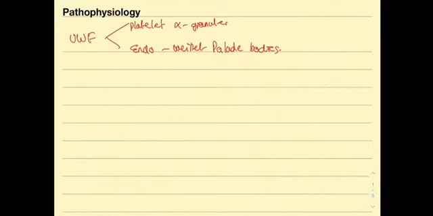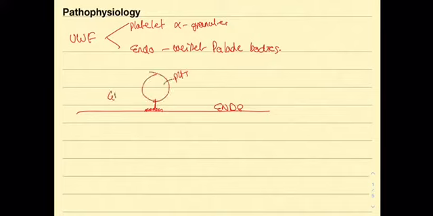Its function in primary hemostasis is to facilitate platelet adhesion and aggregation. So if we have an endothelial line here, so this is the endothelium, and if we have an injury to the endothelium line, von Willebrand factor binds here and allows binding of platelets via their GP1B glycoprotein receptors on the platelets here.